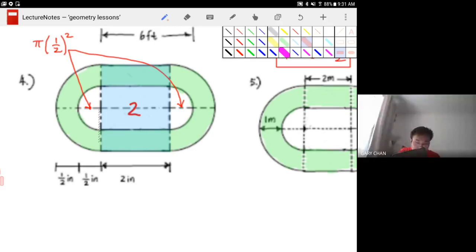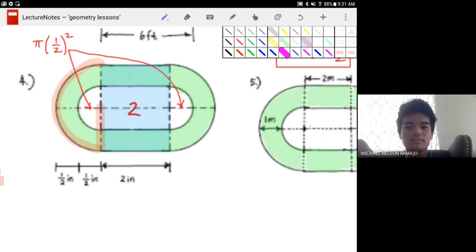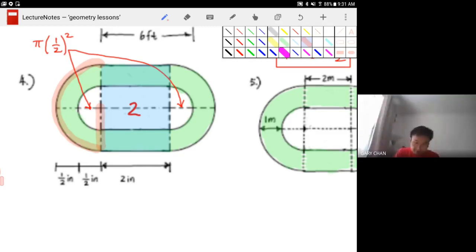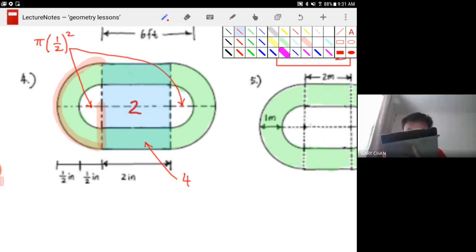Michael, what is the radius of the large circle here? It is 1. So to double that, we're going to get 2. So the area of the large rectangle, which I'm going to indicate with that arrow there, is going to be 4.